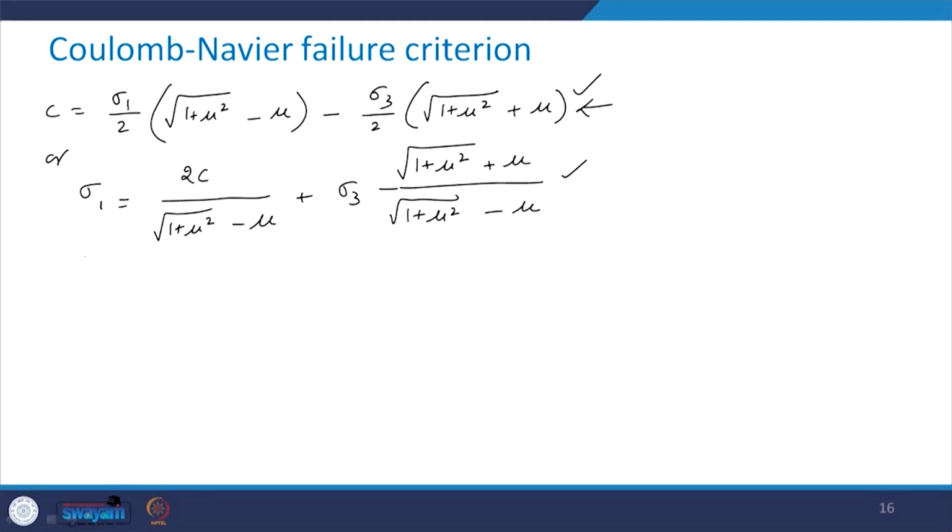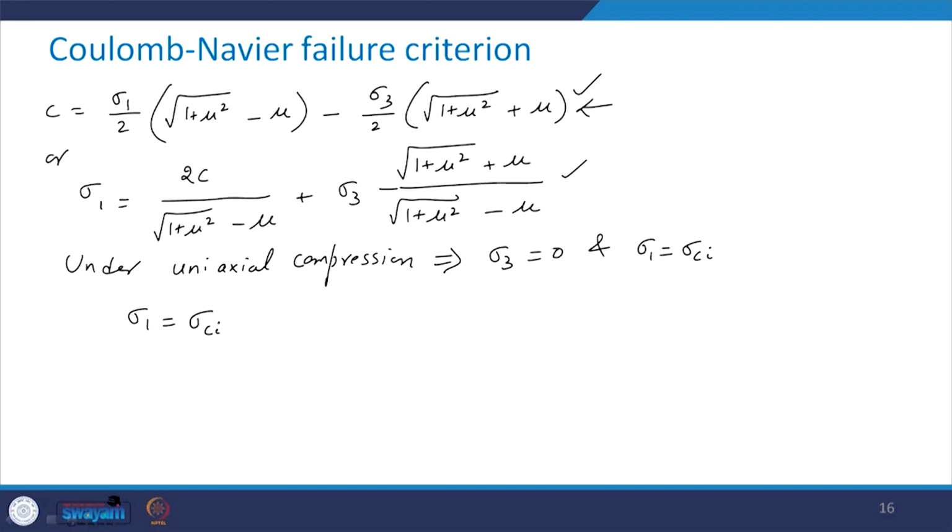Now, what happens under uniaxial compression? We will have sigma 3 equal to 0 and sigma 1 will give sigma Ci, which is for the intact rock. Substituting these values, sigma 1 is equal to sigma Ci, which is equal to 2c upon (square root of 1 plus mu square minus mu).